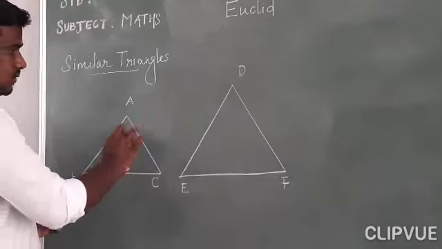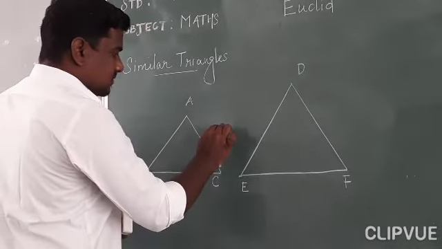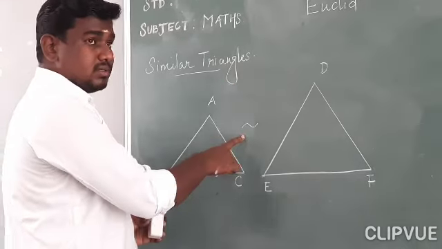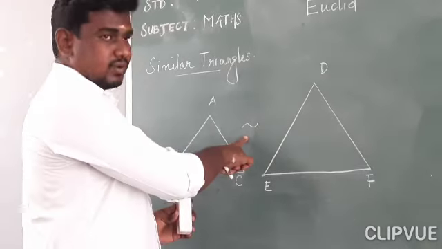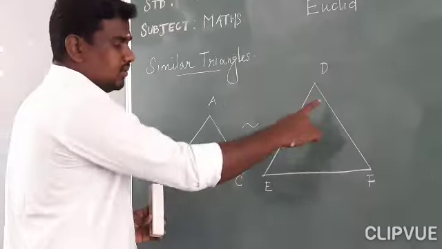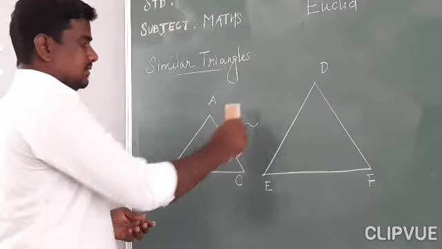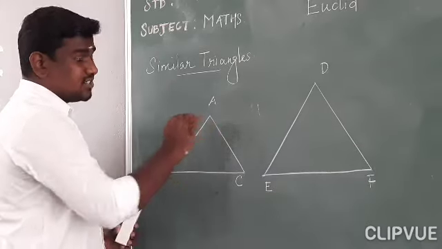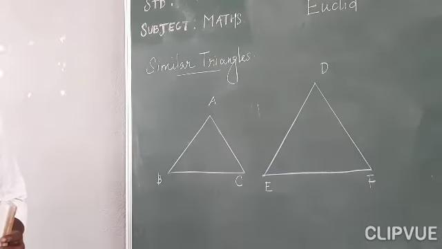If the two triangles are similar, we can use a symbol like this to denote similar. So ABC is similar to DEF when the corresponding angles must be equal.